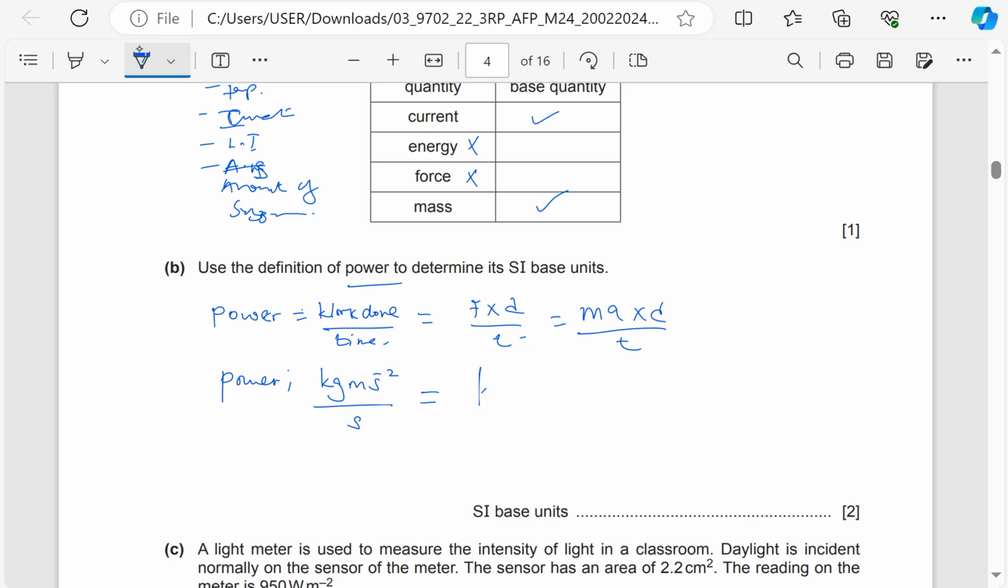So this simplifies to kilogram meters per second squared, then times meters. So it becomes kilogram meters squared. Then s to the power minus 2 divided by s to the power 1 becomes s to the power minus 3. So the units here are kilograms meters squared times s to the power minus 3.